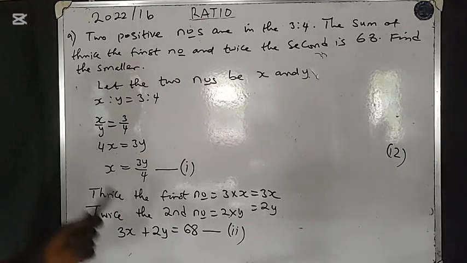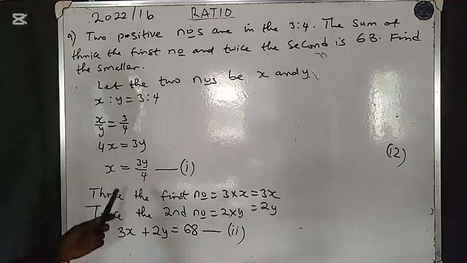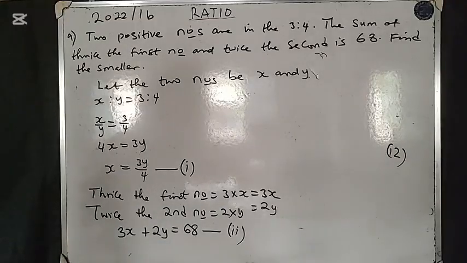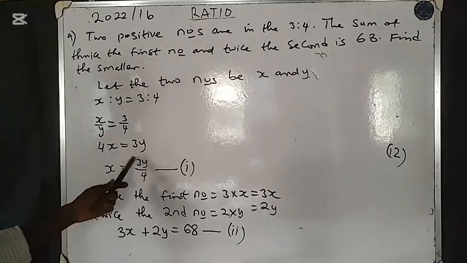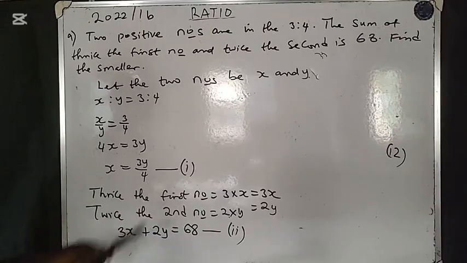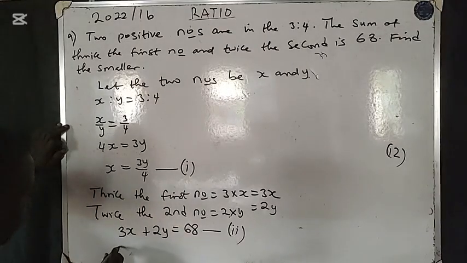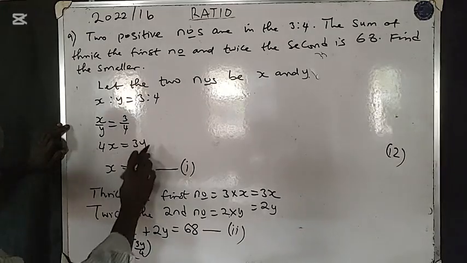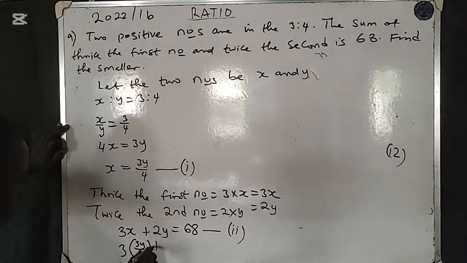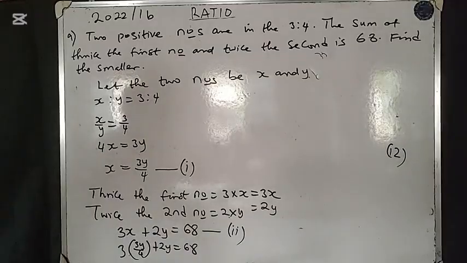So anywhere we see x, we write 3y over 4. So let's write 3 times 3y/4, because our x is what? 3y/4, plus 2y equals 68, right?